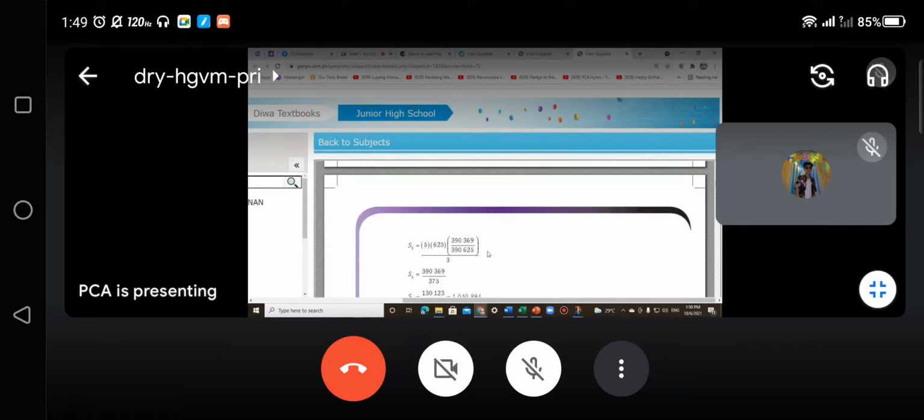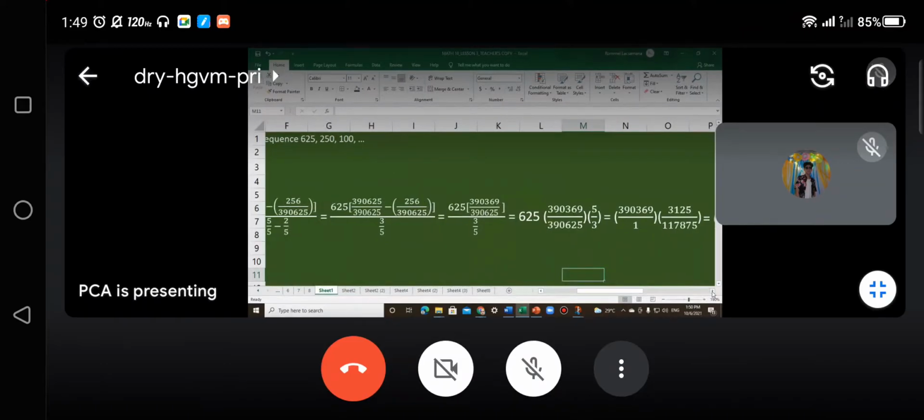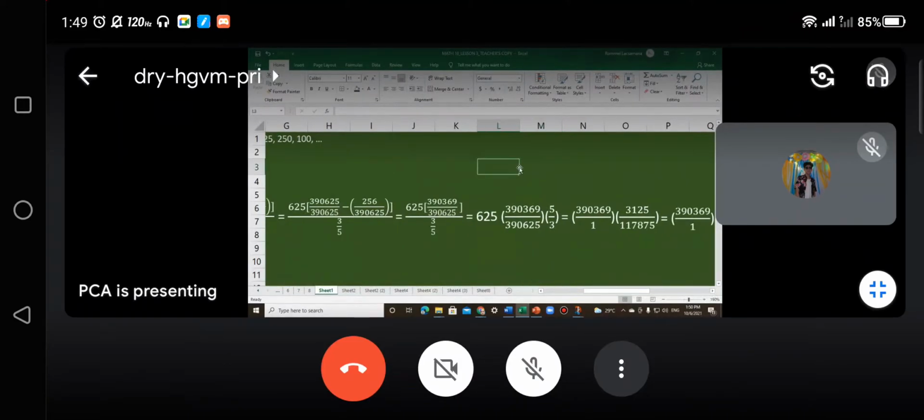But in here, let me clarify that. Like the solution for number 1. Get the reciprocal of 3/5. It is but 5/3. Getting rid of the denominator, get its reciprocal, bring it up to the numerator.